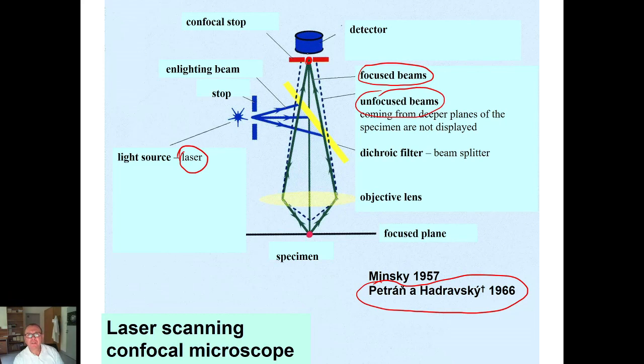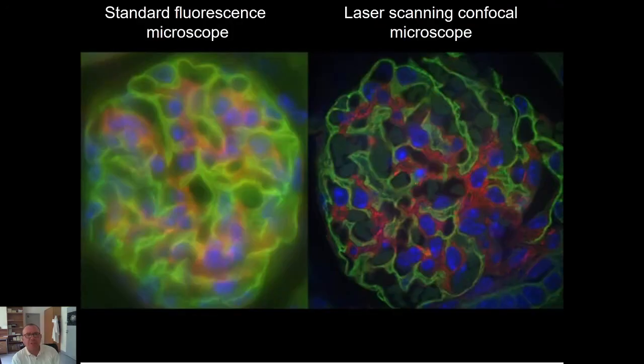The detector here isn't an eyepiece but a special detector, because it's impossible to look at the light from a laser, and the detector is detecting only focused parts of our specimen.